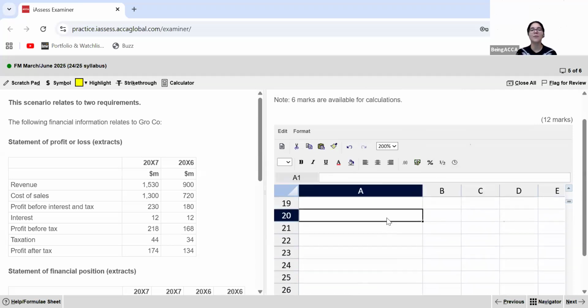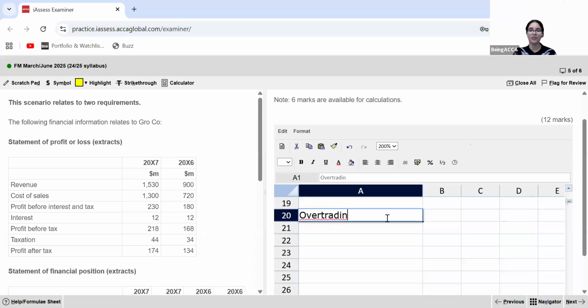So now let us come to writing about the analysis. How do we find out, how do we comment on whether the company is overtrading or not? Firstly, we are going to talk about what exactly overtrading is.